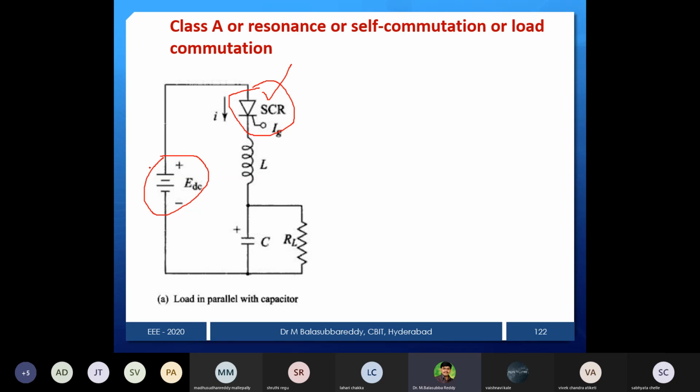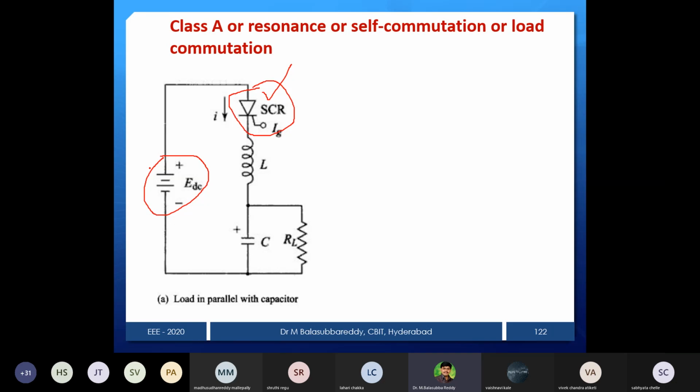The common mistake we make in the exam is that the circuit is correct and the waveform may be correct, but the input is shown as an AC supply, so the entire logic is wrong. That's why they don't give any marks. For forced commutation, make sure the input is DC only.